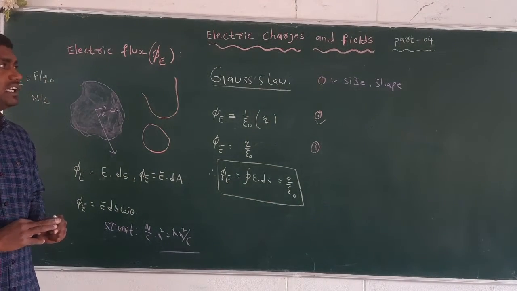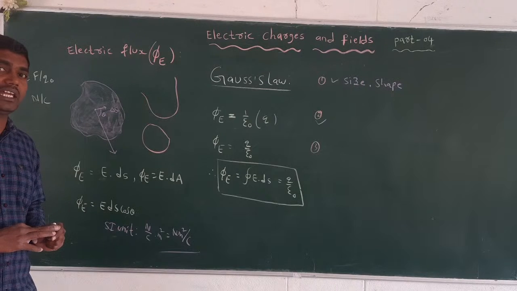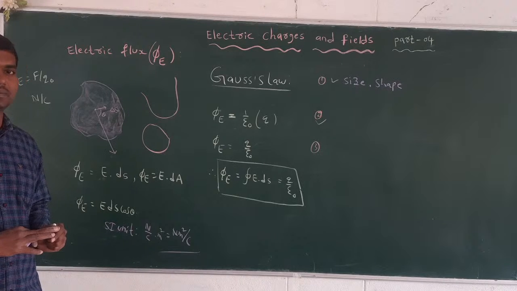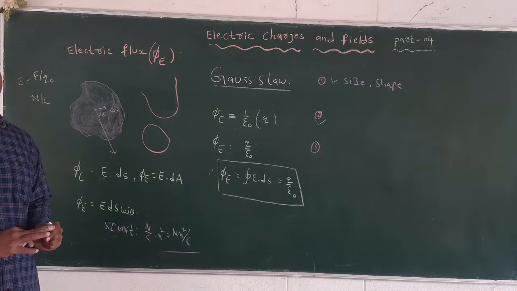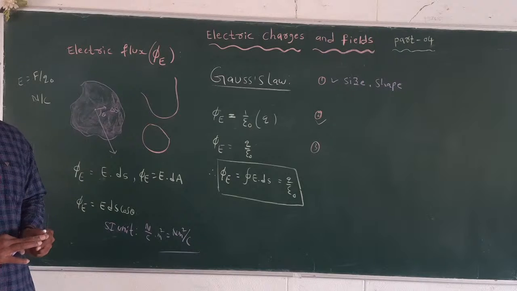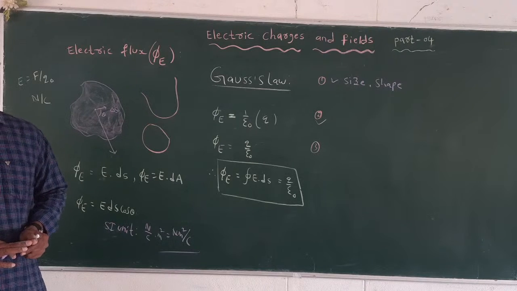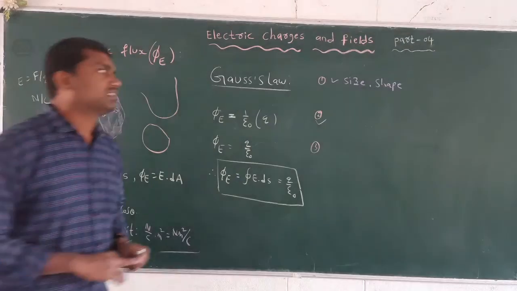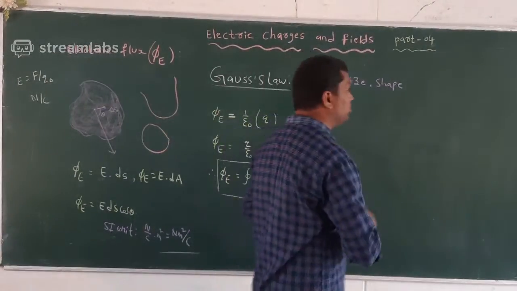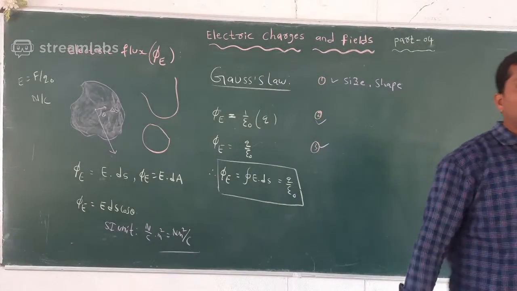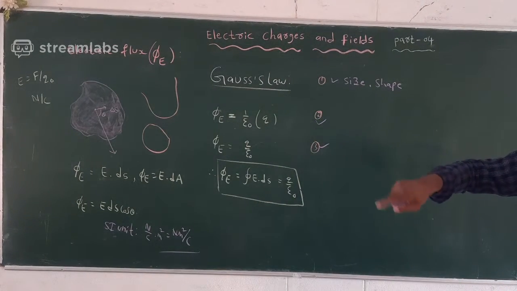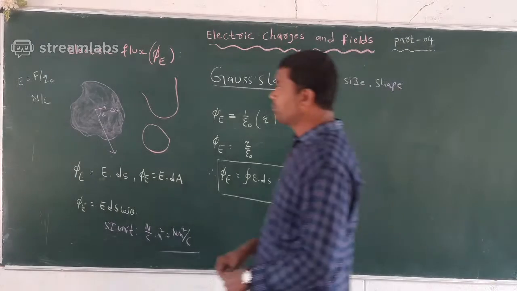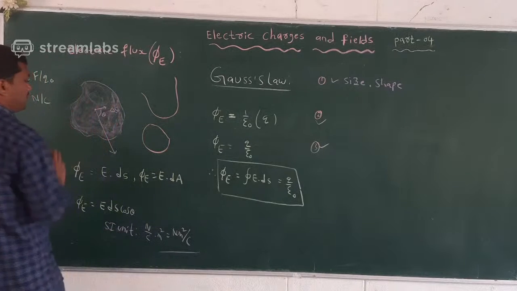So the first point is the Gauss law is applicable, valid to any closed surface of any shape and size. Second one, the Gauss law is applicable to stationary charges as well as moving charges. And the third one is the Gauss law is applicable to any charge distribution of any shape of the object. So we can take the object's surface area.